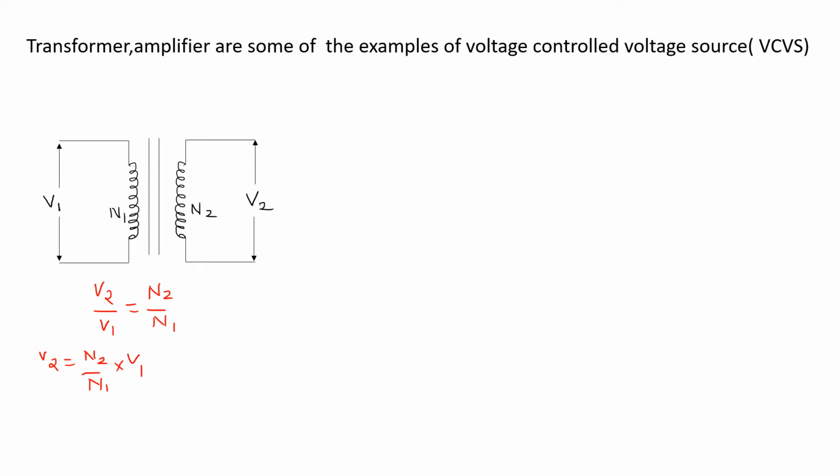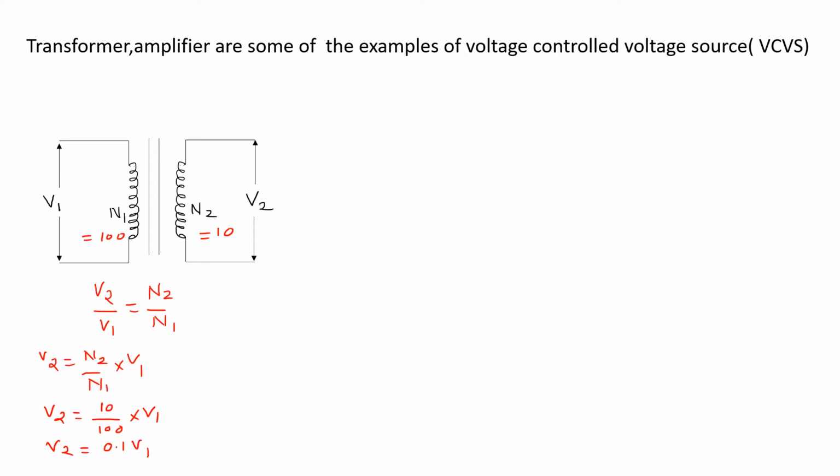Now suppose N2 is equal to 10 and N1 is equal to 100. Putting these values, V2 is equal to 10 divided by 100 into V1, so V2 is equal to 0.1 V1.